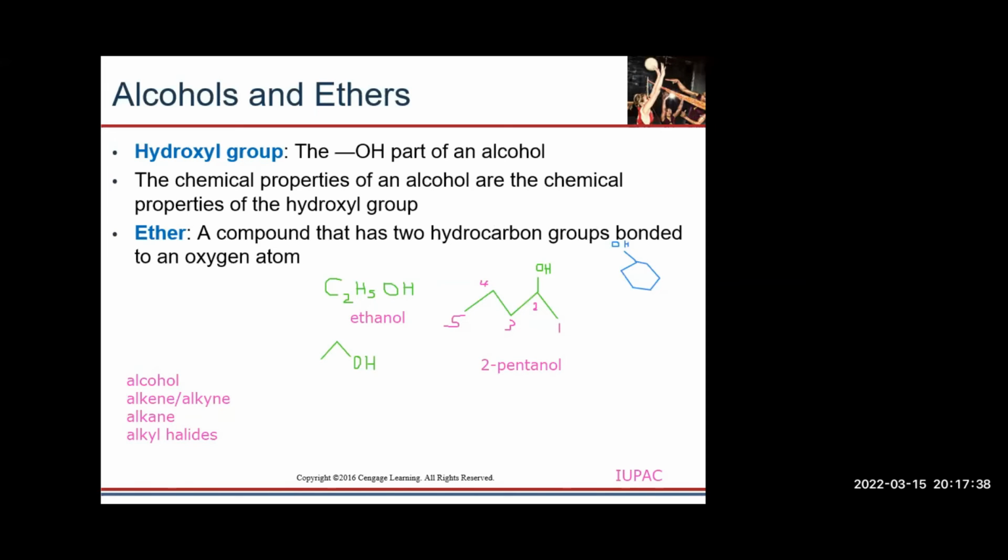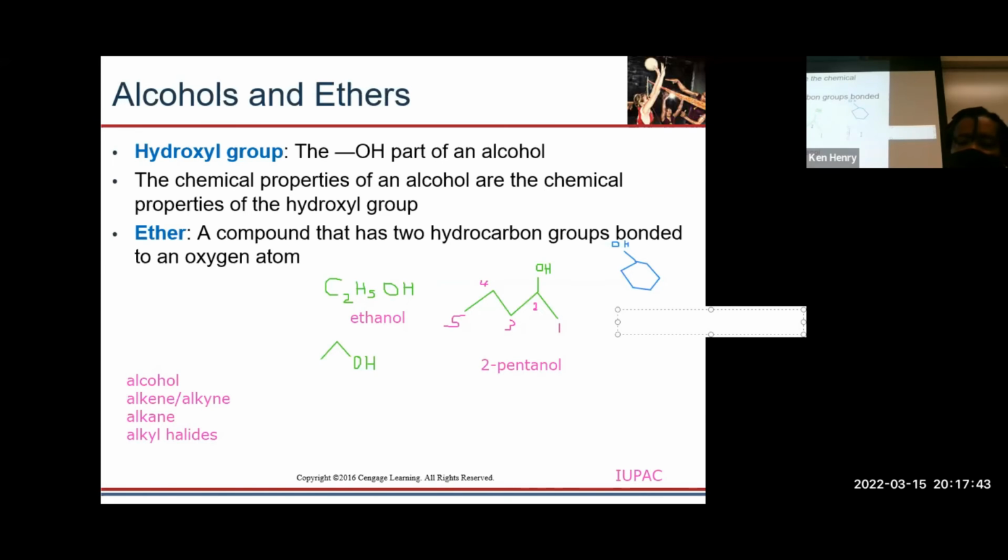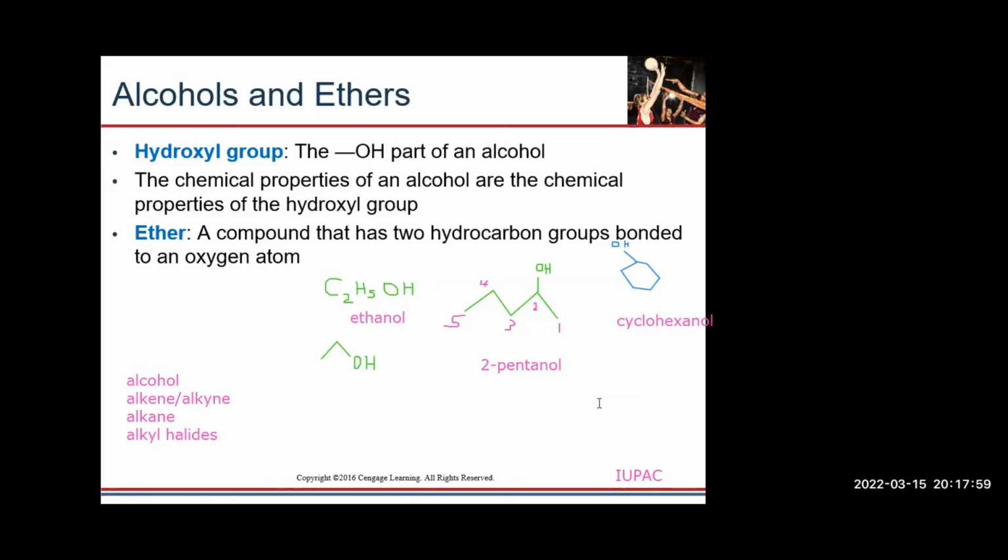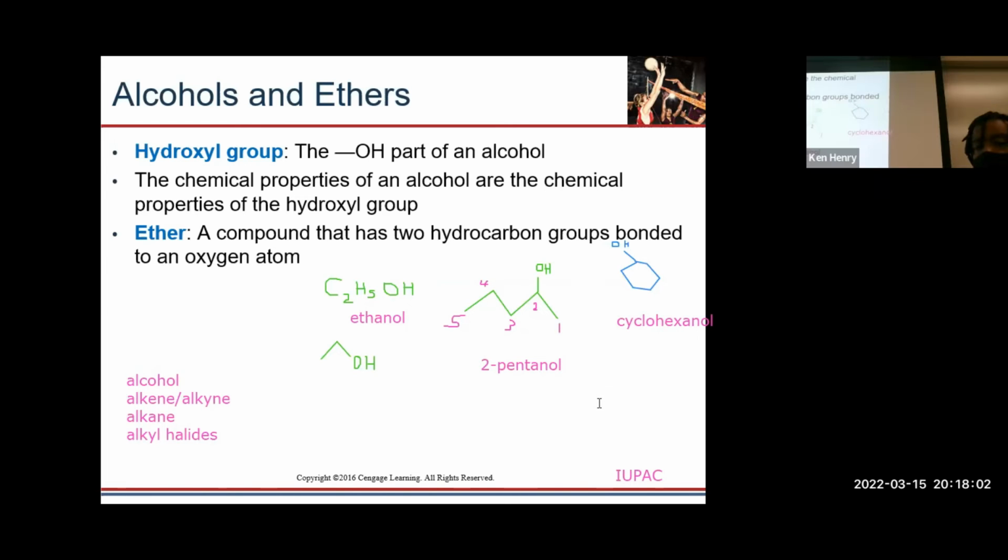Would it be cyclo? Oh yeah, definitely cyclo. So this guy would just be cyclohexanol. So we wouldn't have to put where the branch is? Nope. Because it's always understood to be at the 1, the first carbon, if you just put cyclohexanol.